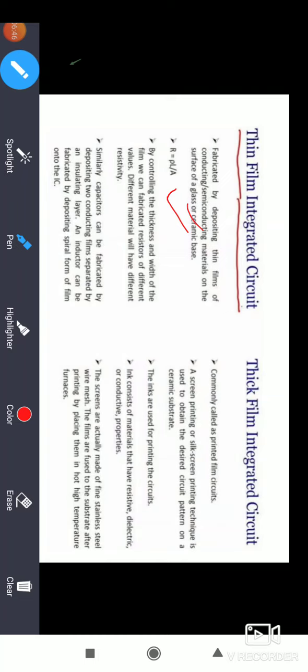So you can obtain the resistance using this thin film IC, and likewise we can get the capacitor also.